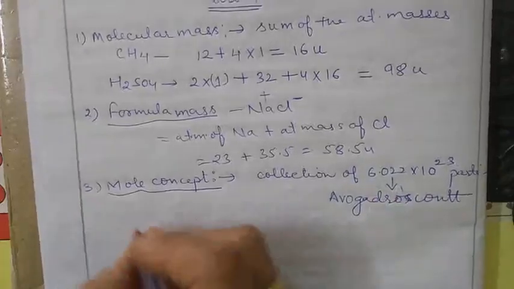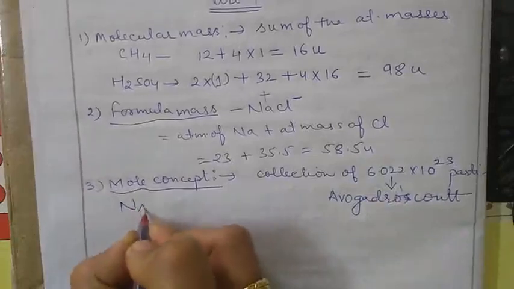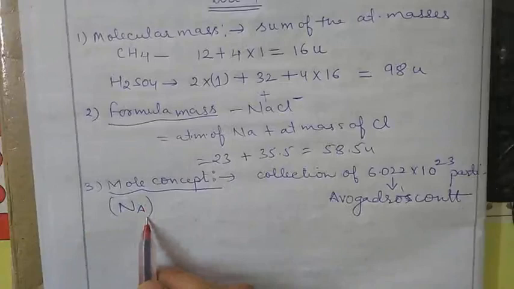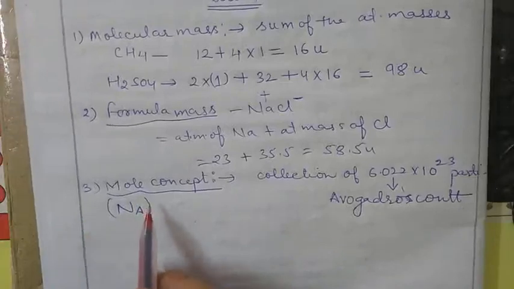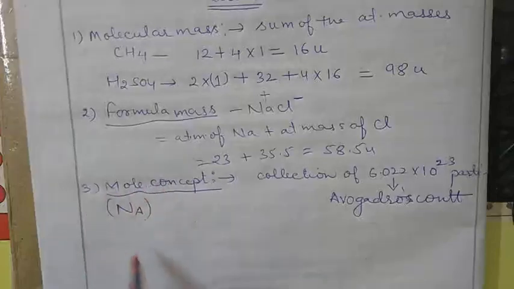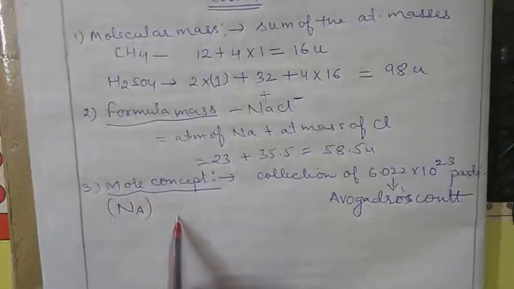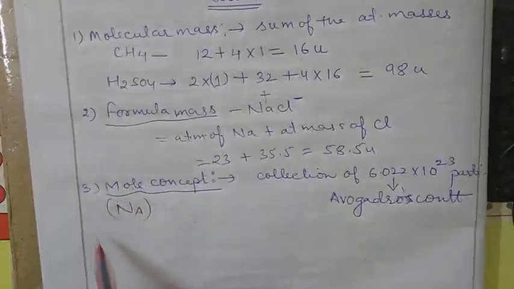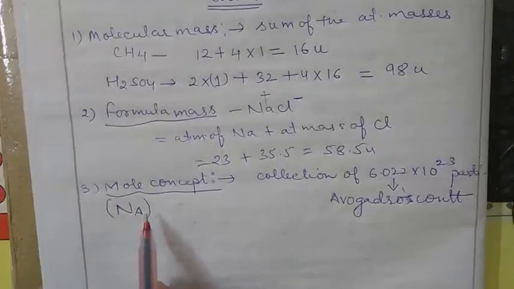It is denoted by capital N and small a. This is the designation for the Avogadro number. So in other words, a mole is an Avogadro number of particles. Clear?